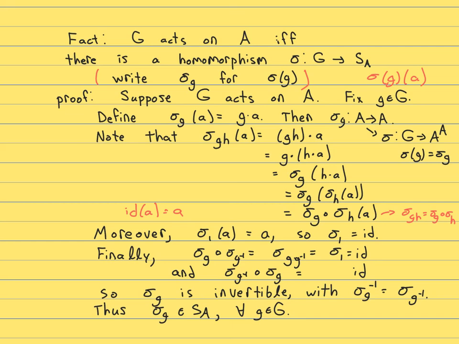Usually the standard way of showing something is a group homomorphism would have been to actually show that your function sends the group defining your domain to the group defining your codomain, and then showing multiplicative properties. And here we did something slightly different. We showed the multiplicative property first, and then showed that the codomain was actually the symmetric group.